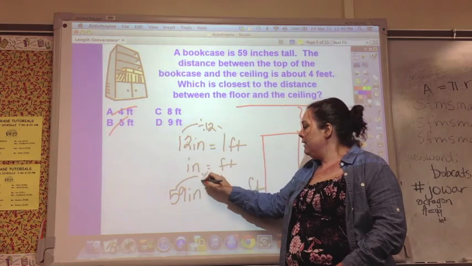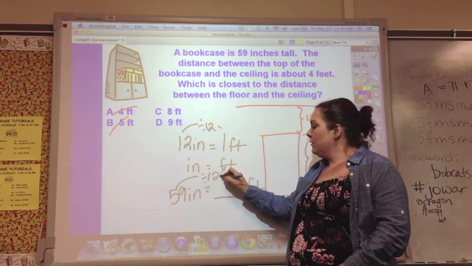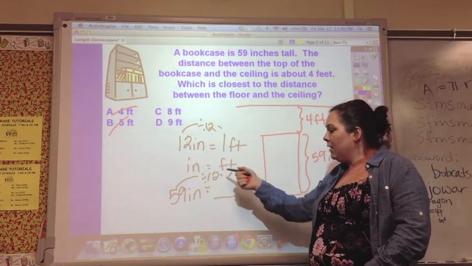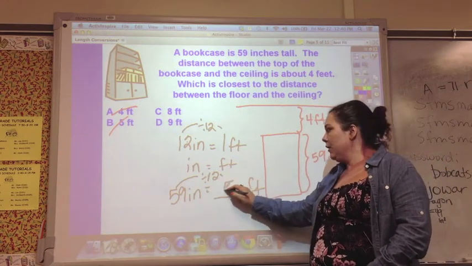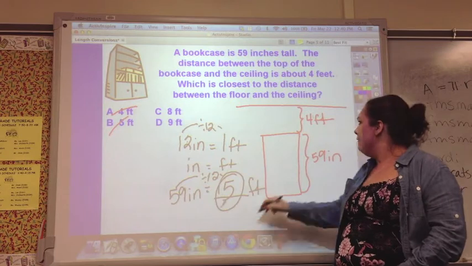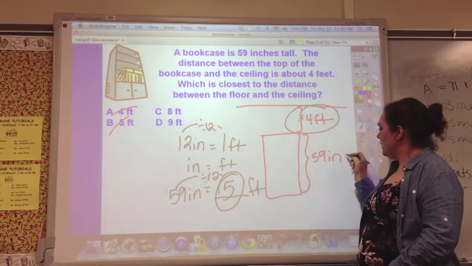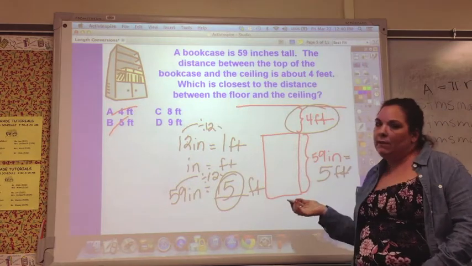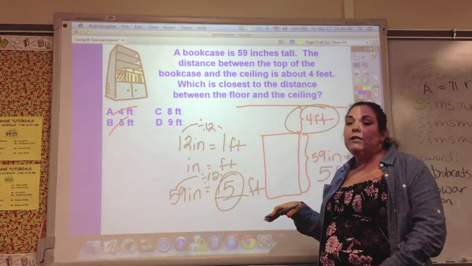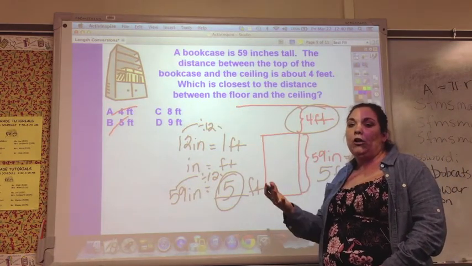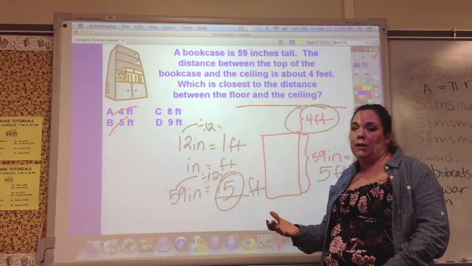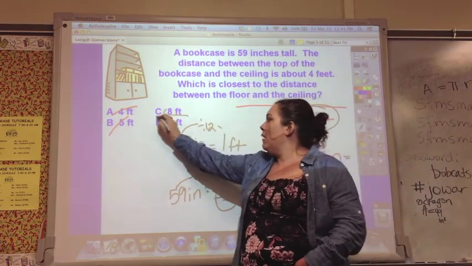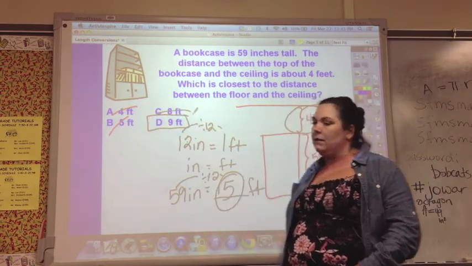And 59 divided by 12 is roughly 5, because 5 times 12 is 60. So we're going to go with 5. So 5 plus this 4 equals 9 feet. And a lot of times with this measurement, it's really just estimating or getting a close number. So 5 plus 4 is 9, and we ruled out 8.